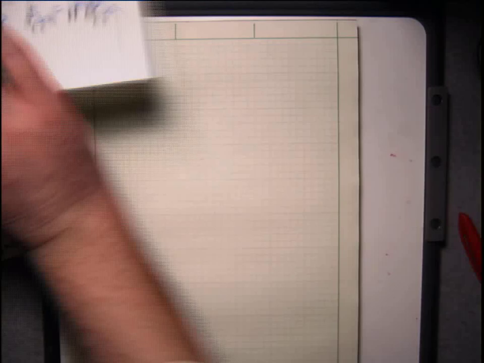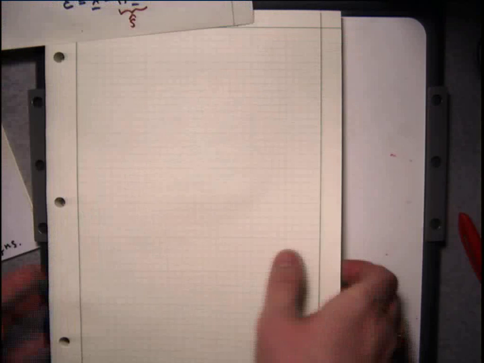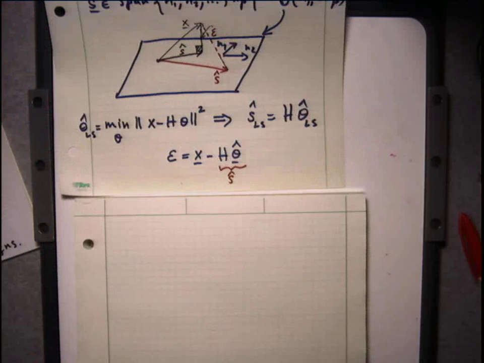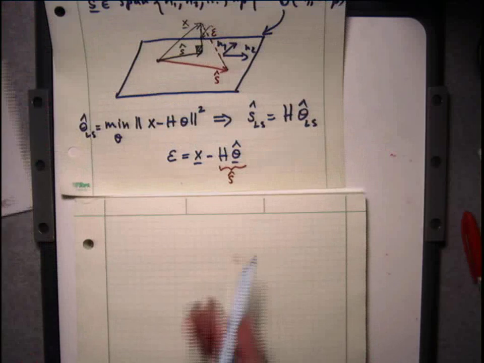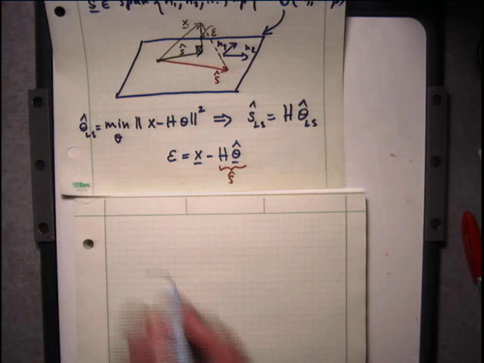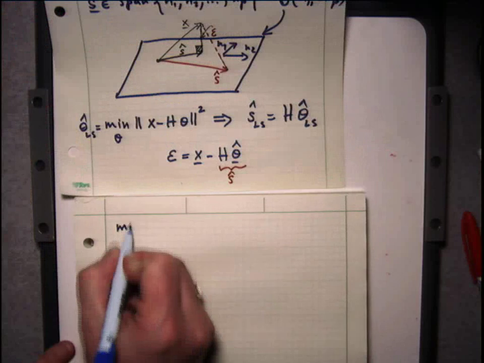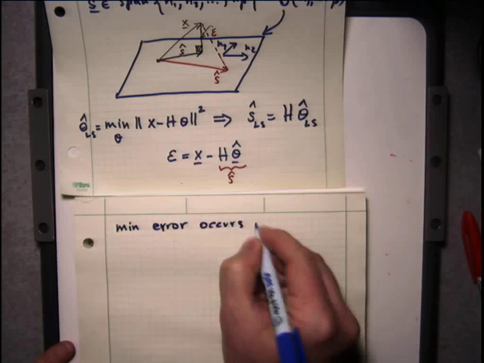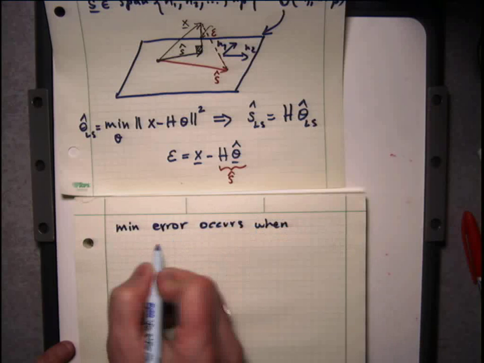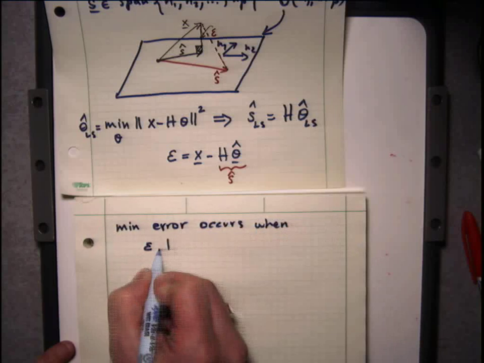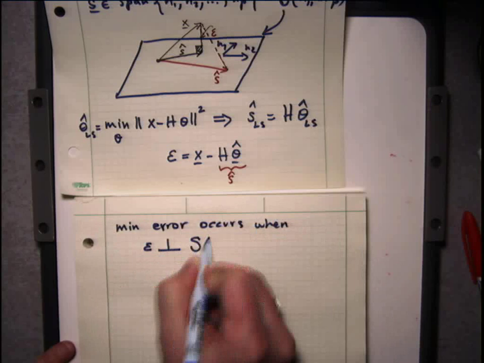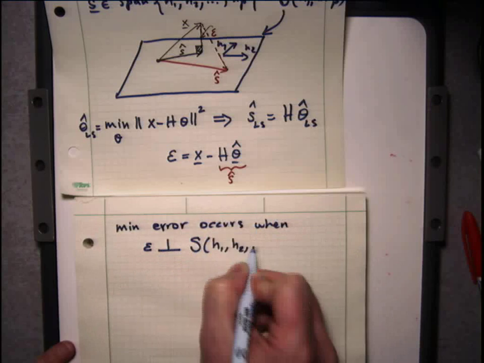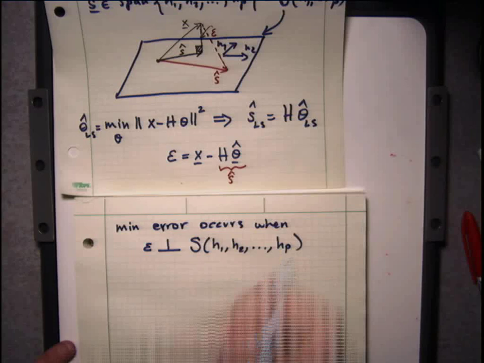Now let's write down what this means from the point of view of linear algebra. Okay, so what we just convinced ourselves of is that the minimum error occurs when epsilon, this error, is perpendicular to the space spanned by the columns of H. Right?